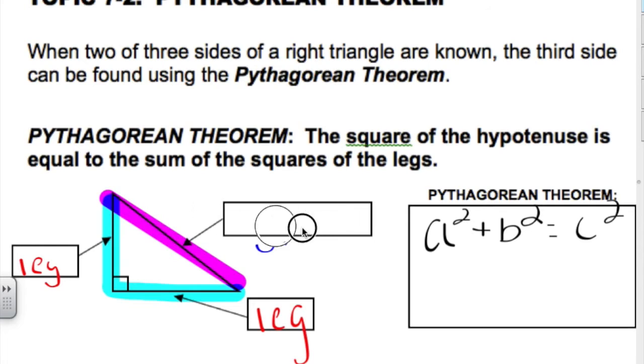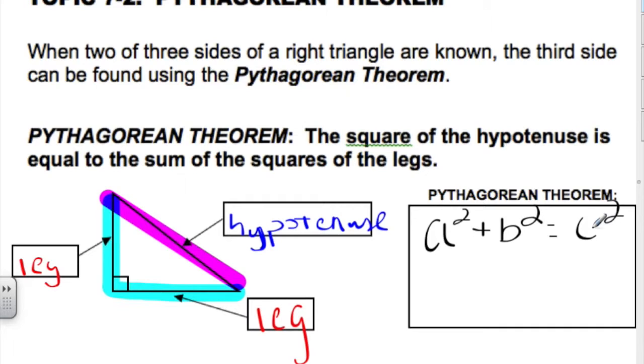Let me erase and start over on that. Okay, the hypotenuse is always our C value.